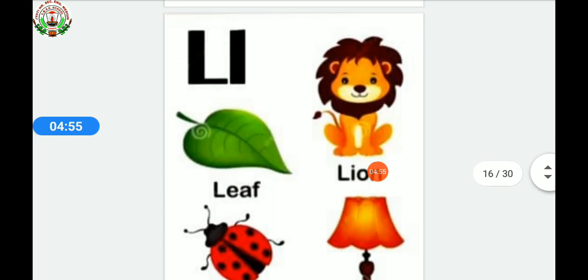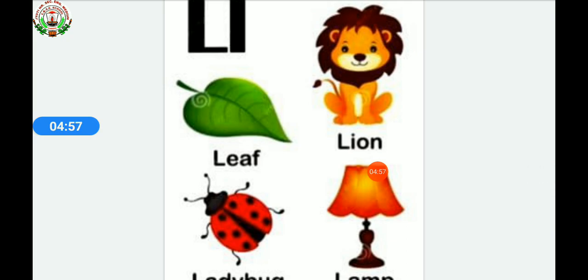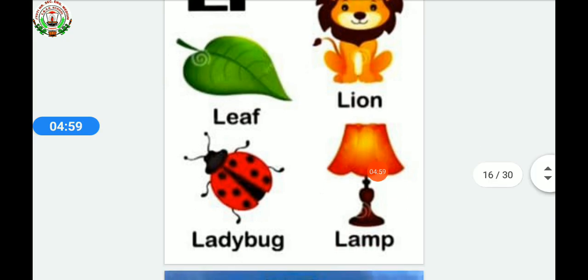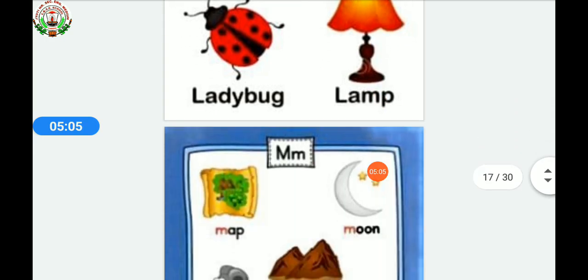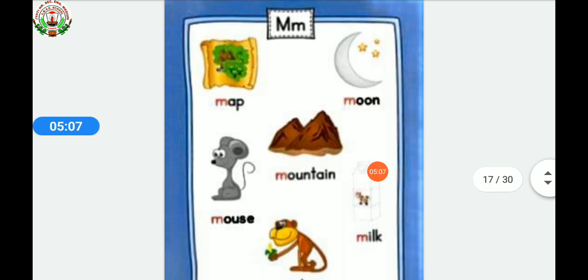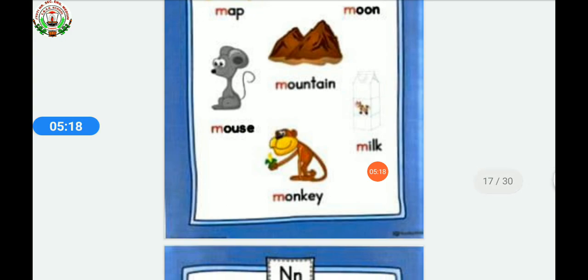Next is L. L for leaf, L for lion, L for ladybug, and L for lamp. After L comes the letter M. M for map, M for moon, M for mouse, M for mountain, M for milk, and M for monkey.